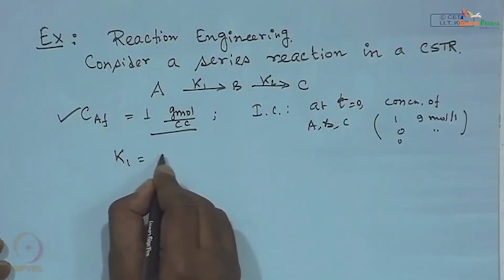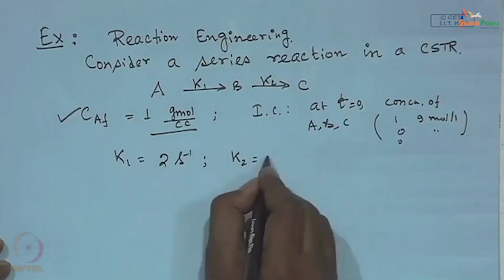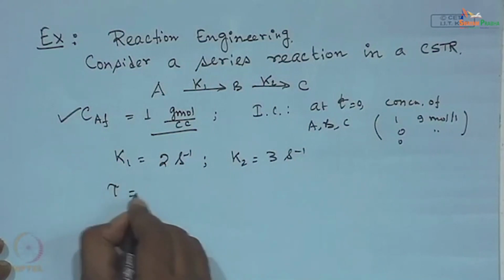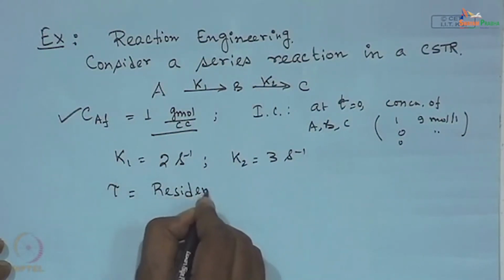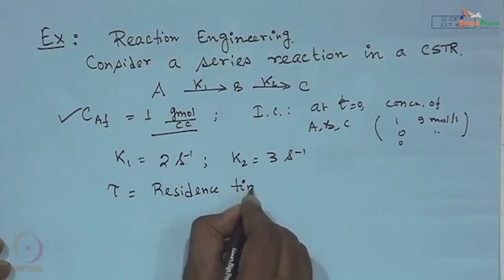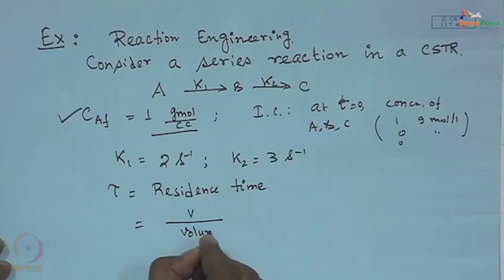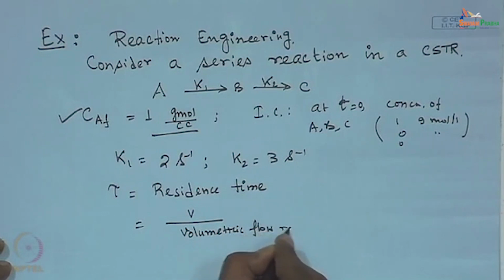K1 is given by 2 second inverse, K2 is given as 3 second inverse, and tau, that is residence time, is defined as volume divided by the volumetric flow rate. So, volume will be in meter cube, volumetric flow rate will be meter cube per second.